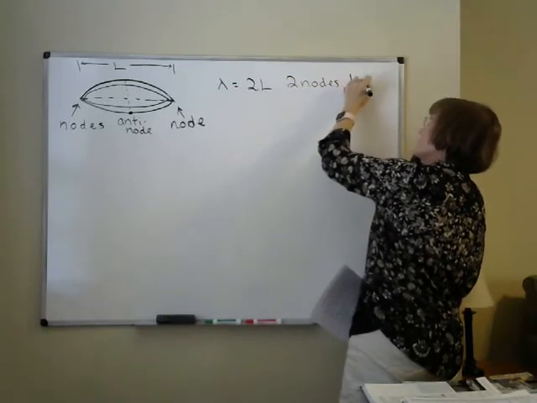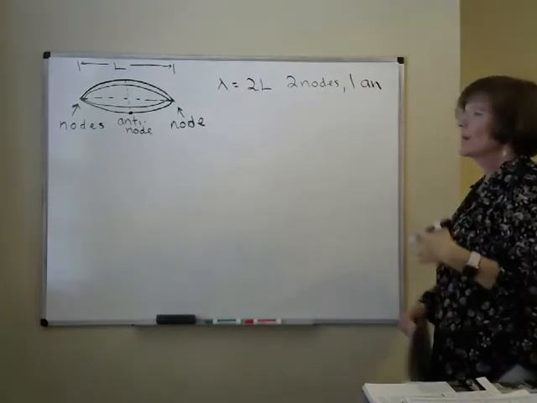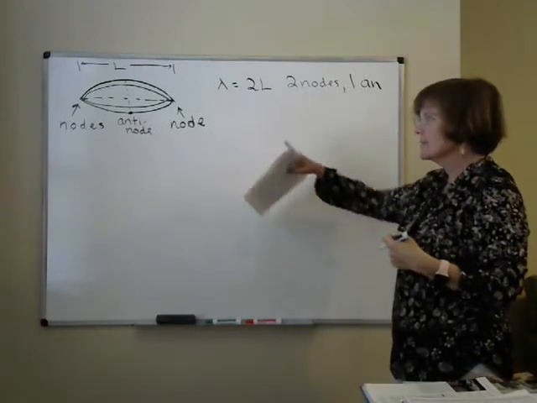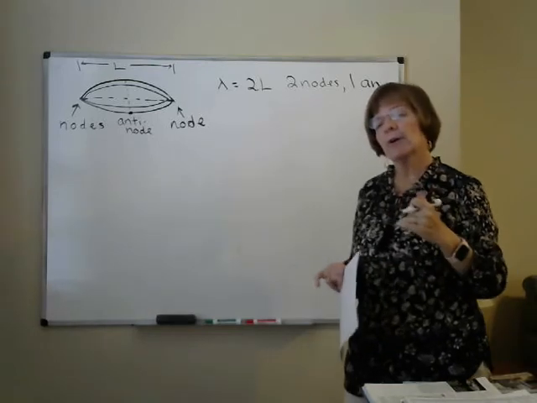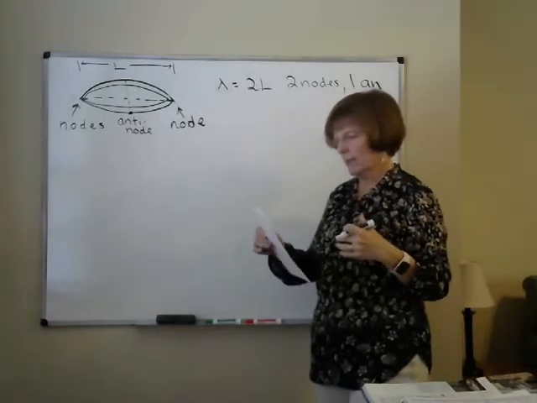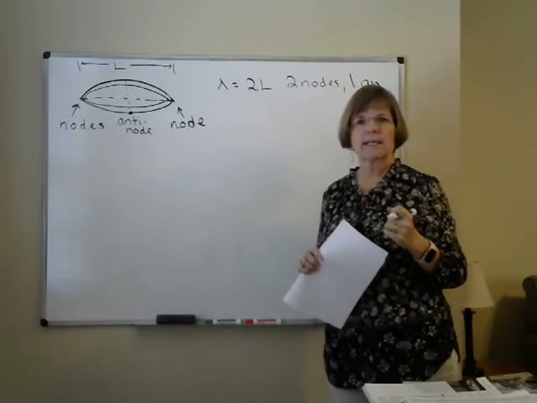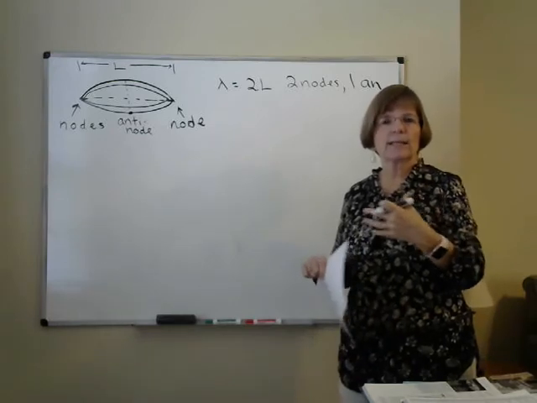It has one antinode. We call this the fundamental frequency. If you pluck a guitar string, that's the frequency you probably observe. Although actually there are multiple waves going on through that string at the same time.